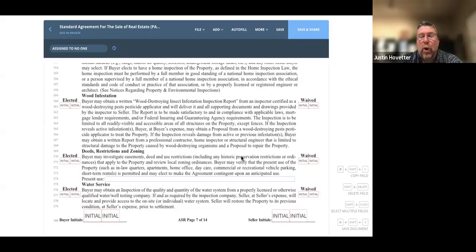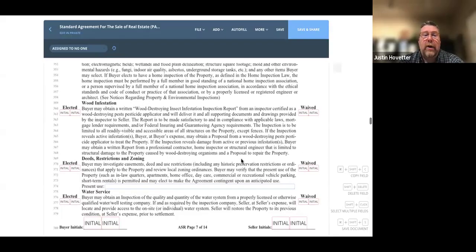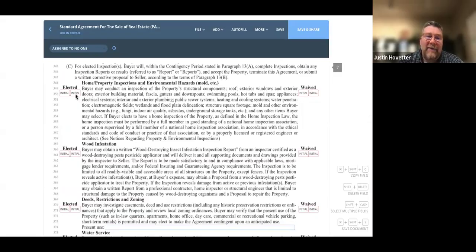I said, but don't you think they're going to negotiate heavier on the home inspection or potentially even terminate the deal based on the knowledge that they acquire through that inspection that they did not elect? He said, yeah, but it's not contingent. What are your thoughts on this, guys? Was I just being a jerk?